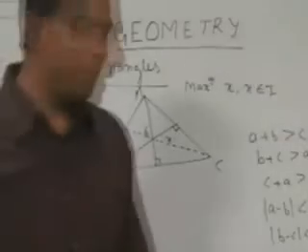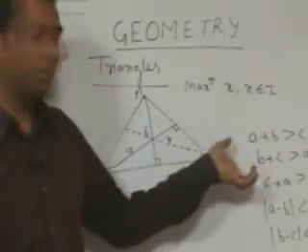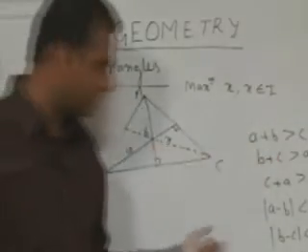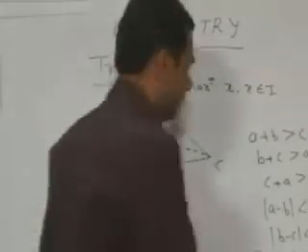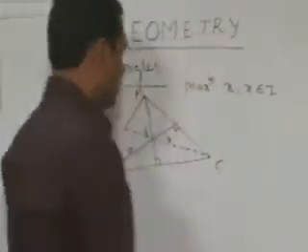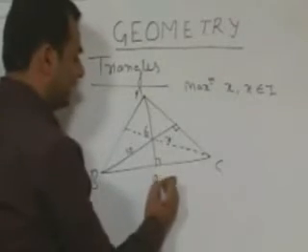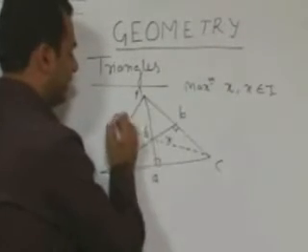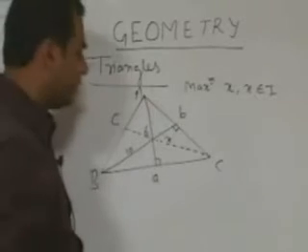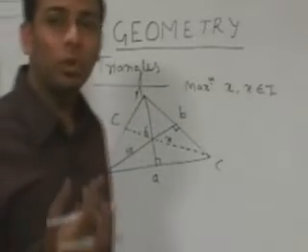Here we can apply this property. With the help of this property, we can easily find the value of X. Just see how. Let's say this side is A, this side is B, and this side is C. We know that the area of the triangle is half base into height.